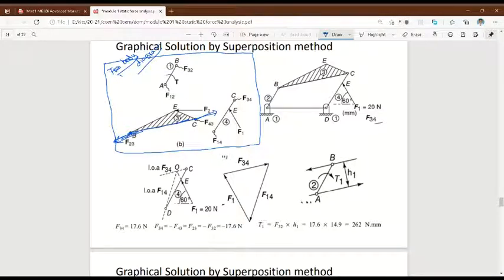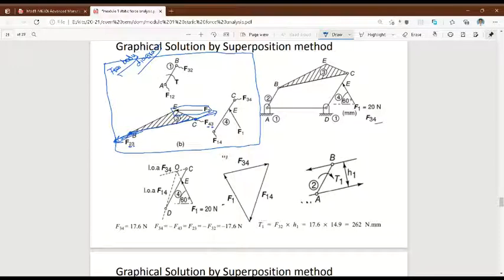Because the next link is 4 and this link is 3; here the next link is 2 and this link is 3. So two forces will be there. We just assume we don't have any external forces, and you just draw these lines.